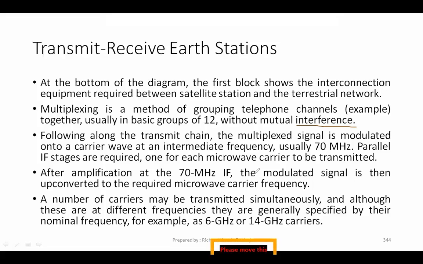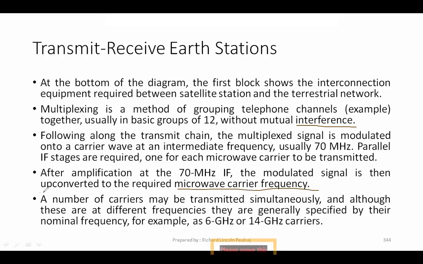After amplification at the 70 megahertz intermediate frequency, the modulated signal is then up converted to the required microwave carrier frequency. So that's the reason we normally go with the up conversion.